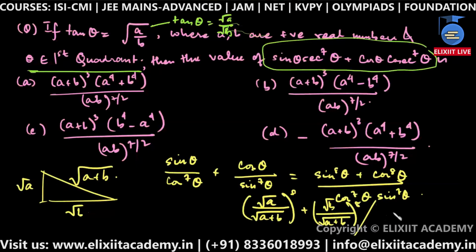In this case you simply take cos theta into sine theta whole to the power 7. In the denominator we have cos theta into sine theta, that is basically root A upon root of A plus B into root B upon root of A plus B, whole to the power 7. Now simply simplify this, you will get A as the answer. You just need to simplify this, that's all.